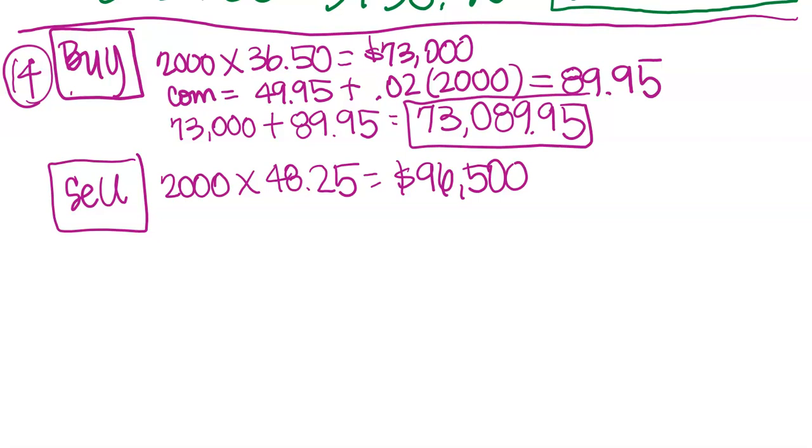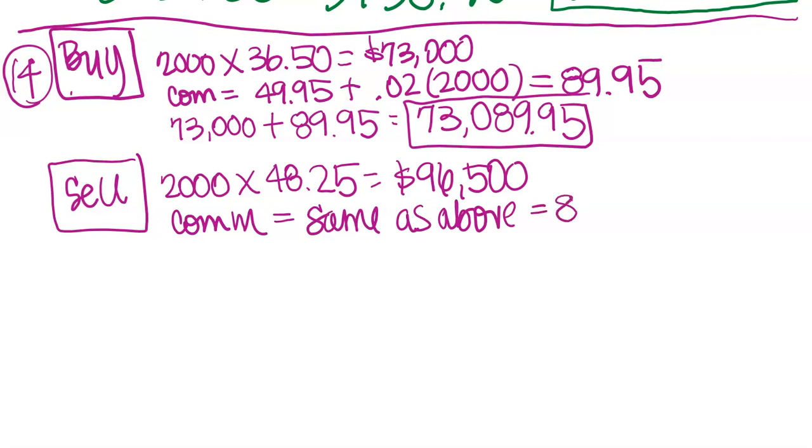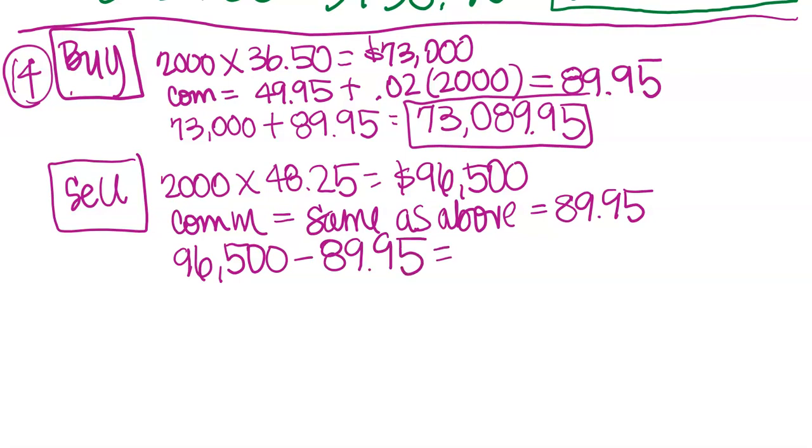So commission is the same. So we're going to take $96,500 and subtract the commission out. $96,410.05.